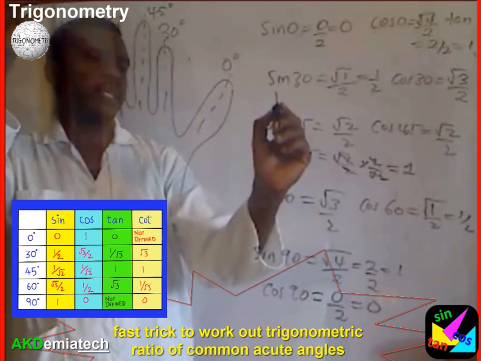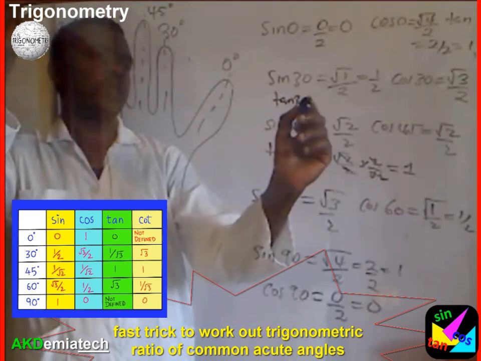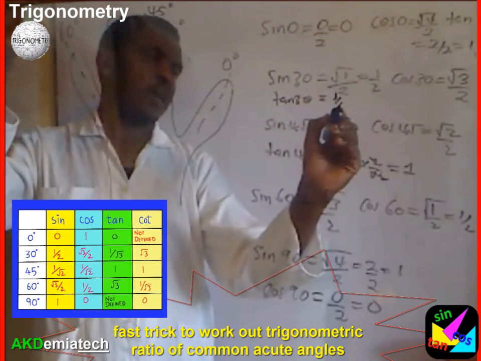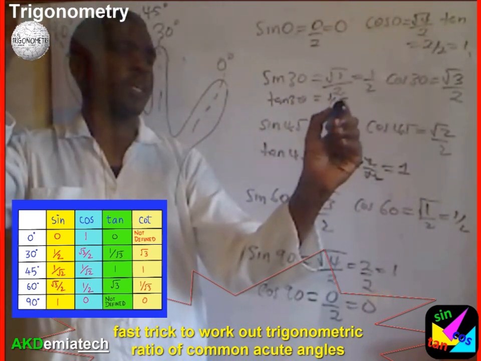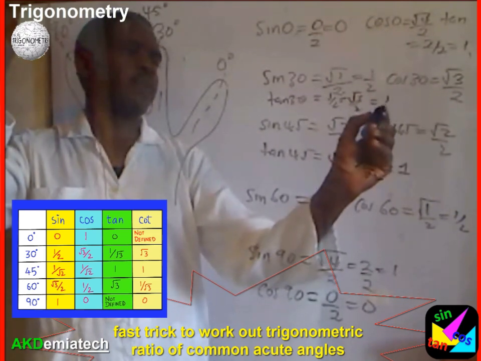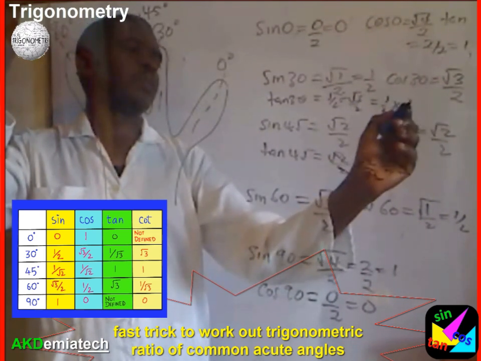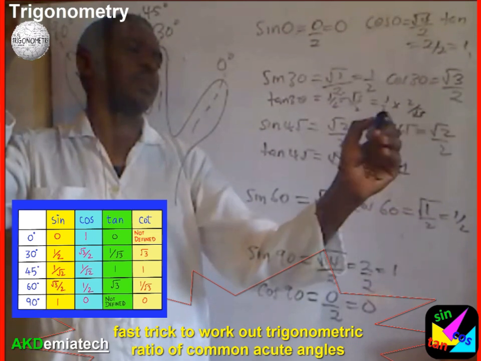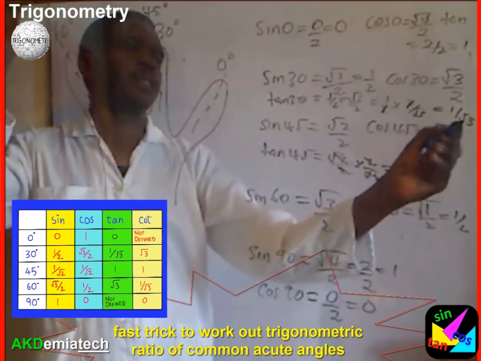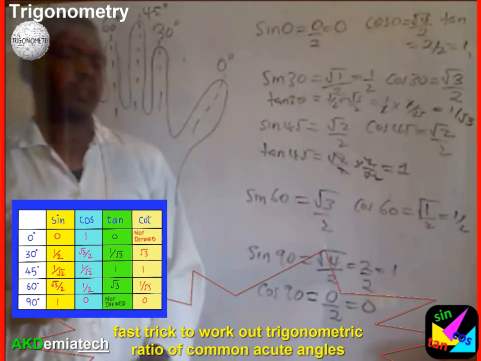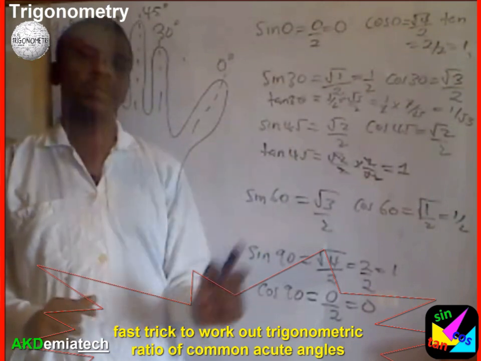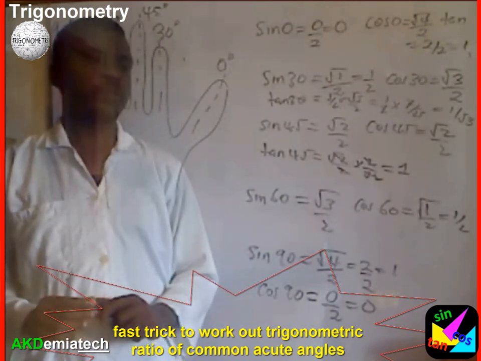If I want to get tan 30, this will be equal to half divided by root 3 all over 2, which is equal to half times 2 all over root 3, which will equal 1 all over root 3. So the use of this trick is to help us come out with the ratios of these angles without the use of calculators.